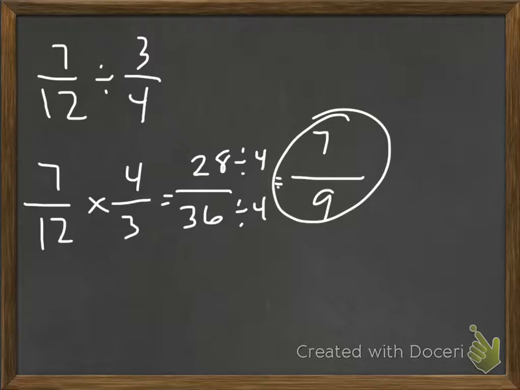A lot of times the students like to reduce by 2, which is fine. The only problem with that is if you don't find the greatest common factor, you have to reduce more than once. So 28 divided by 2 is 14, and 36 divided by 2 is 18. Then you would have to reduce again by 2. 14 divided by 2 is 7, 18 divided by 2 is 9.